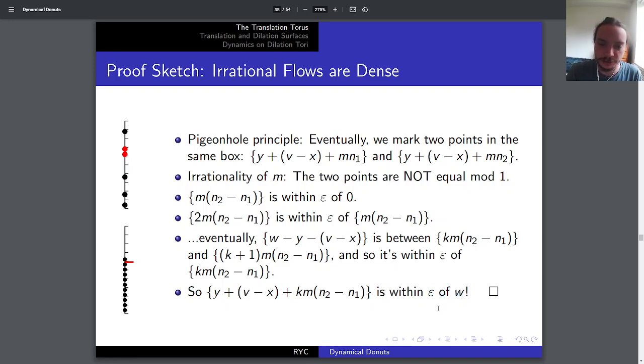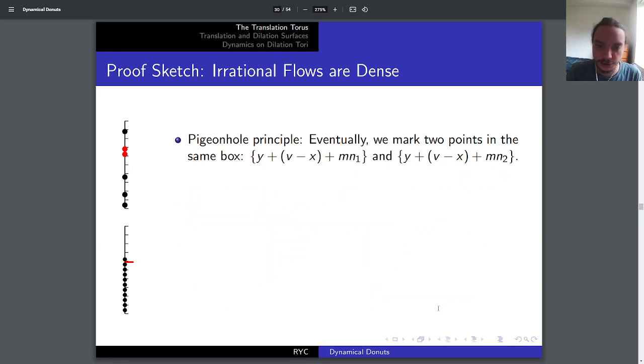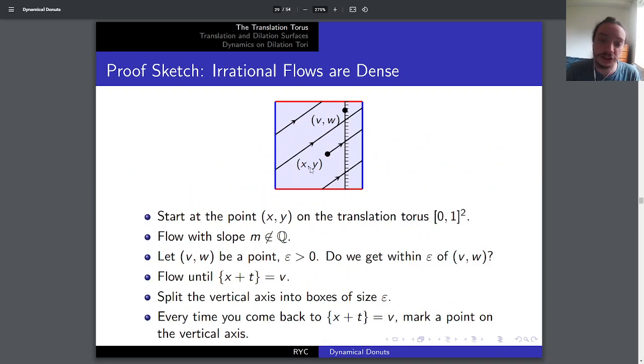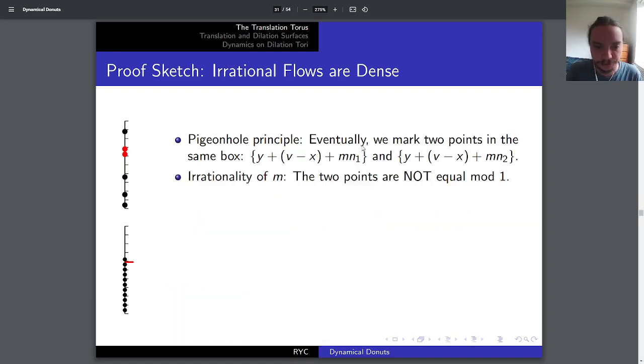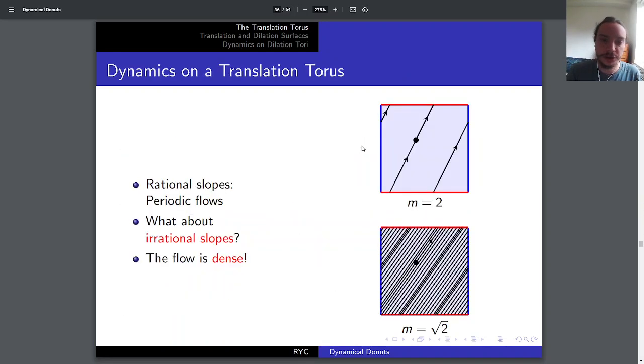Okay. So what did we actually show there? We showed that eventually we hit this line so many times after k times n2 minus n1 times that we hit it just below V or just above V, just below W or just above W, which means that we are within epsilon of V, comma W. So that shows that the irrational flow, this flow at an irrational slope, is going to be dense.